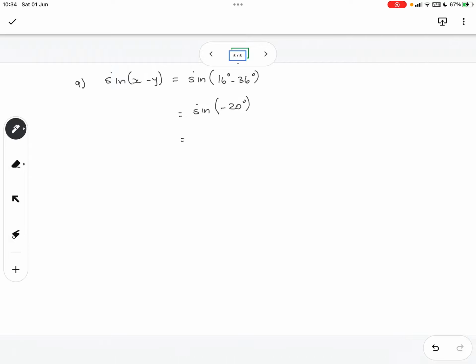So now we must find this. Oh no, it's negative 20. Negative 20, not 20. Check that again. 16 minus 36 is negative 20. It's small minus big. Yeah, small minus big gives us negative. So now we must find the sine of negative 20 degrees.